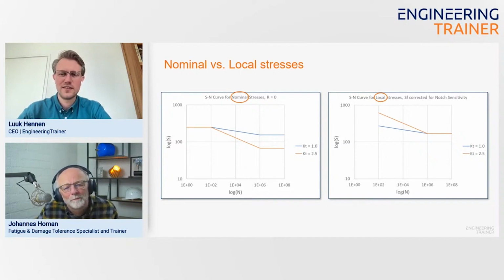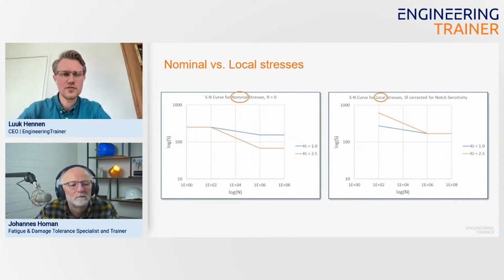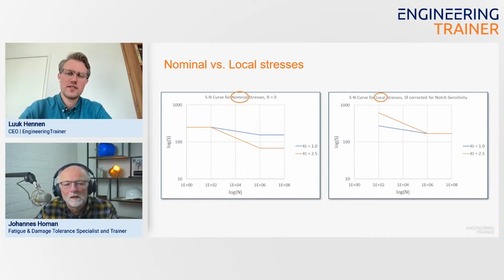So the steeper the stress gradient at the hole, the steeper this curve will be. There are some other effects as well, but that's one of the main effects. Yeah, and I guess that has to do with the ductile nature of steel to some degree, right? Yeah, that's for a large part what plays a role. All right. Thanks.